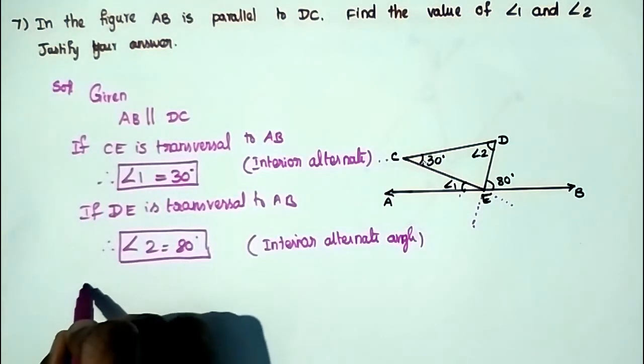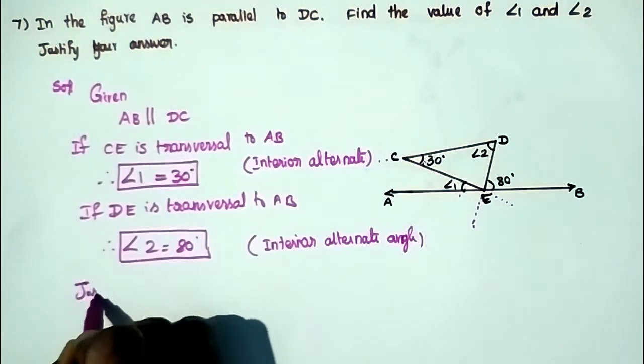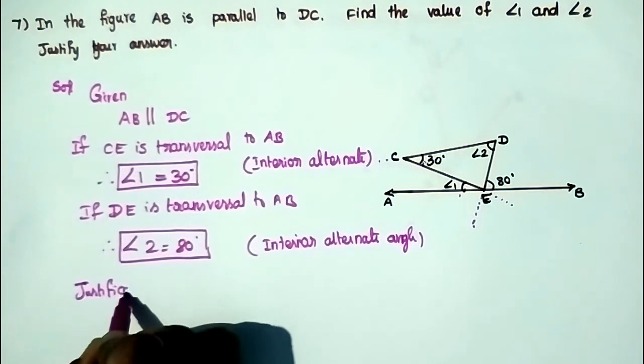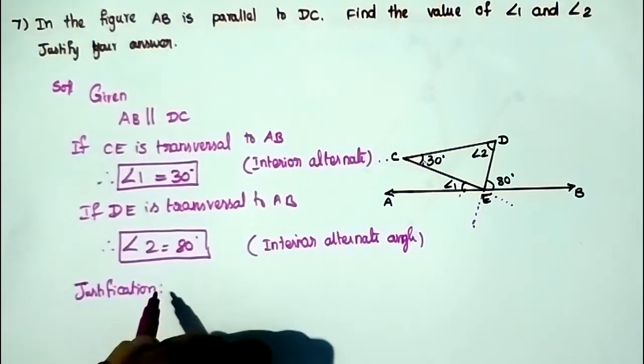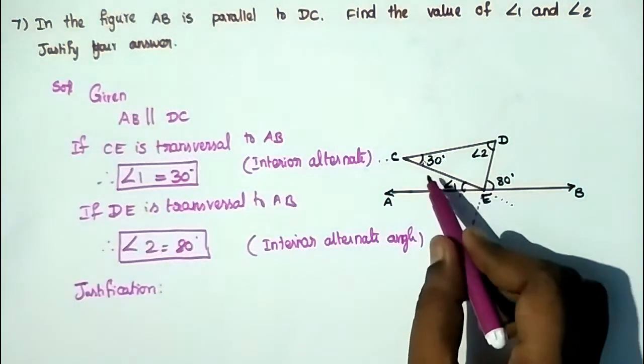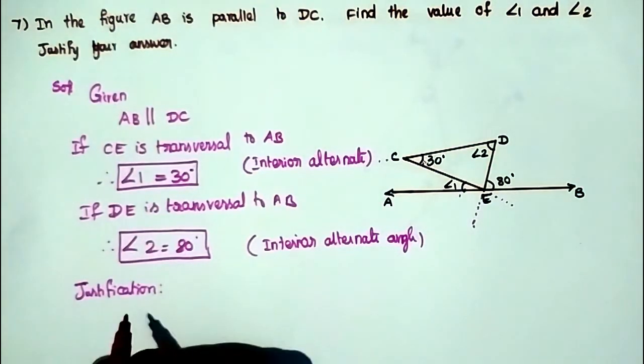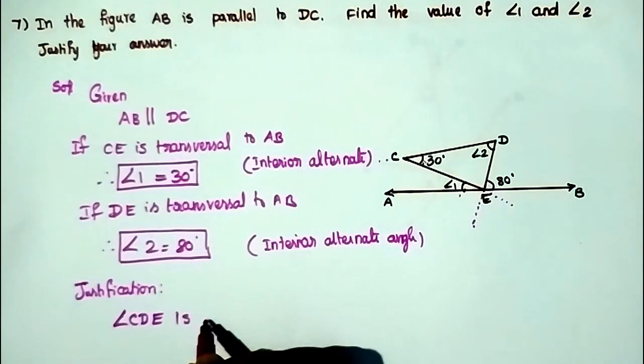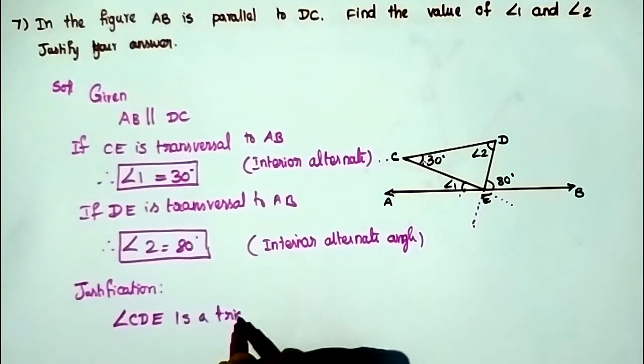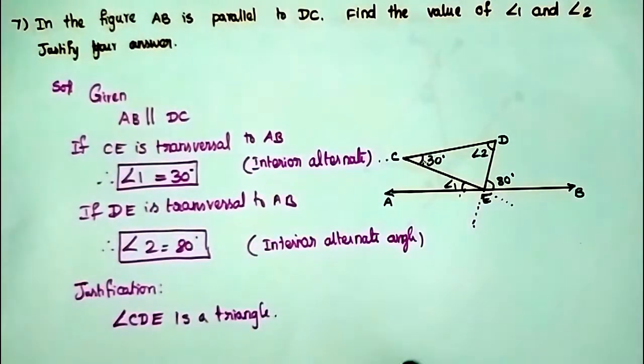So justification: CDE is a triangle. That is the answer.